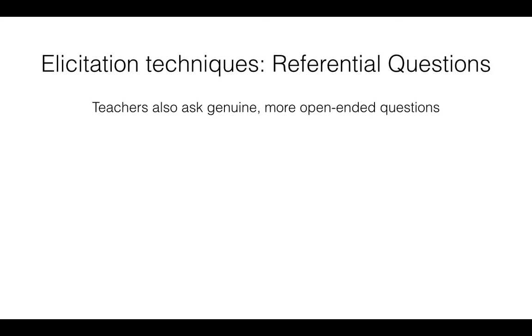Another example of an elicitation technique is what is referred to as referential questions. One of the main differences between these two kinds of questions, display questions and referential questions: display questions usually try to elicit very short, simplified, restricted answers. I'm just telling you the most apparent difference. Also, the teacher knows the answer.